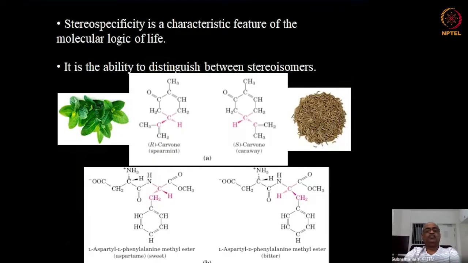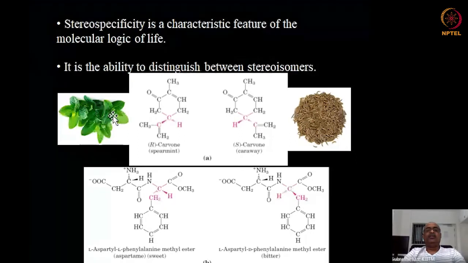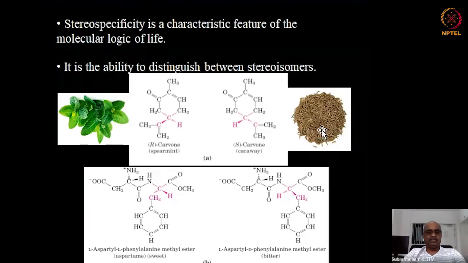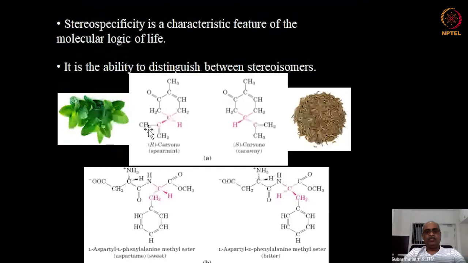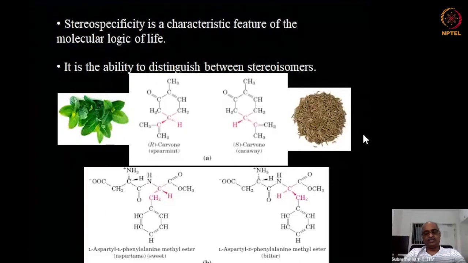So here are some examples to make us understand in a more everyday way. If you take the spearmint or these caraway seeds, both, we get oils from them. Both have very different fragrance, but the fragrance comes from the same molecule, carvone.